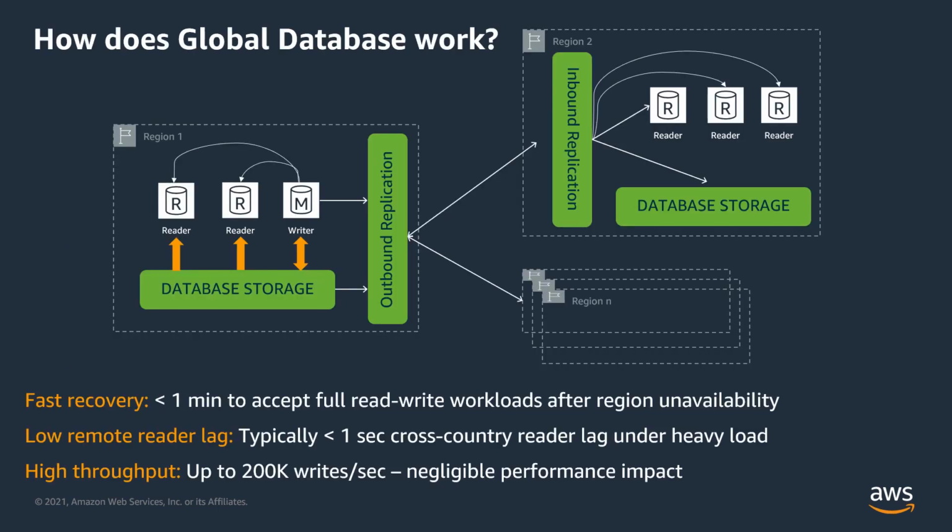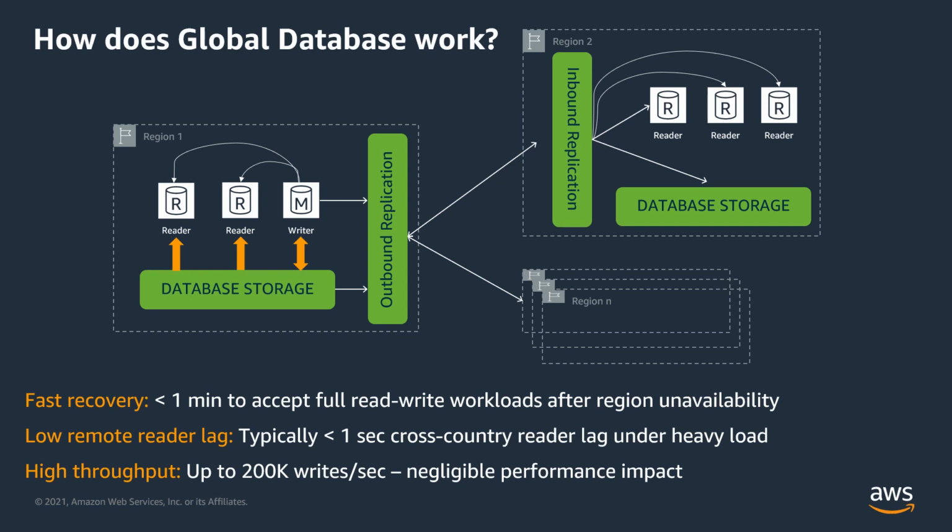Let's do a quick overview of how global database works. Like I mentioned in the slide before, we use physical replication across regions. You can see that we have our primary region, which has an outbound replication fleet, which receives all the delta changes from that region and sends them to the secondary region.